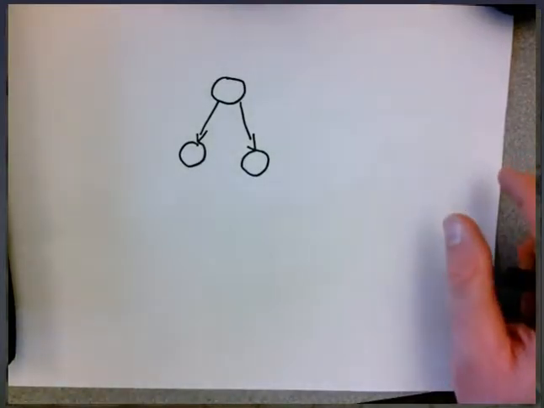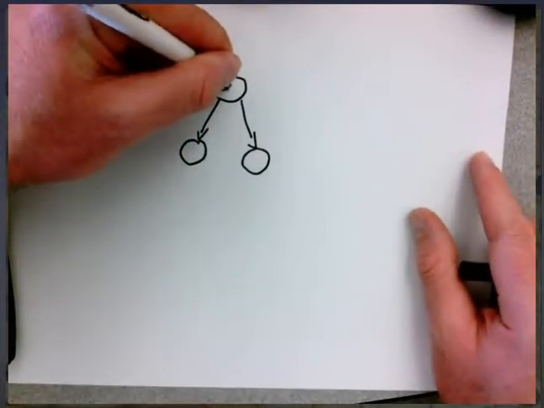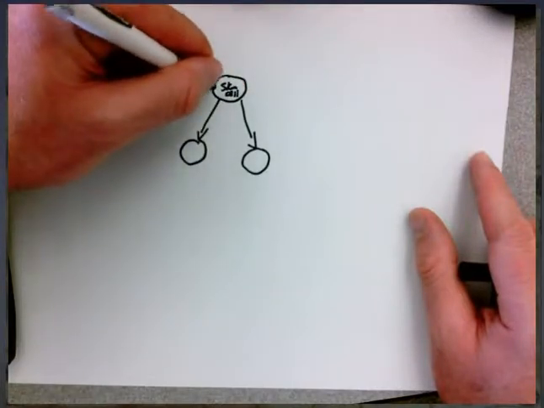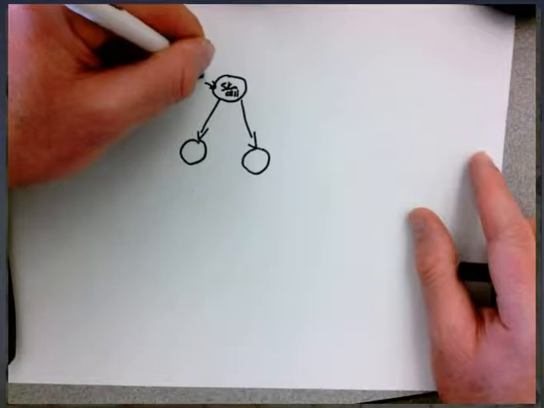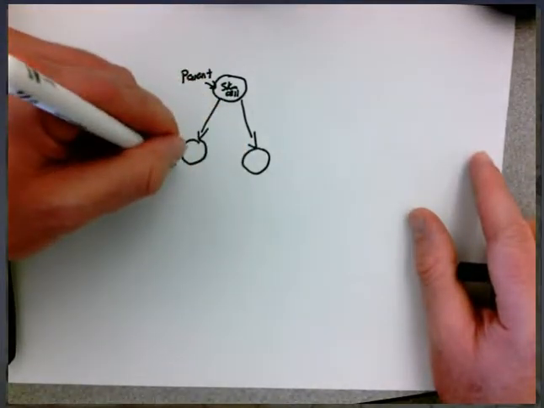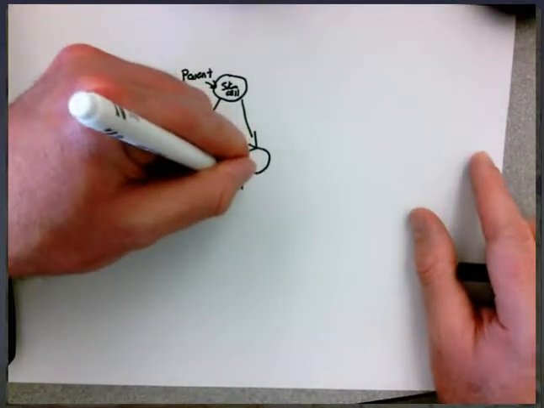So if this is a skin cell, this would be the parent skin cell. I'm going to form two exact daughter cells. So this is going to be a daughter cell. This is going to be a daughter cell.